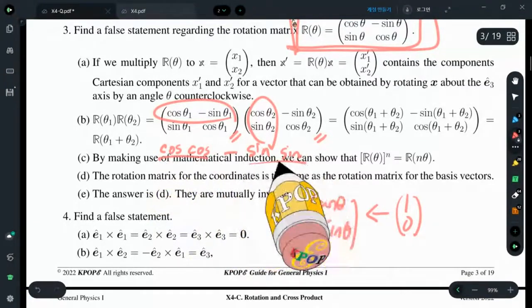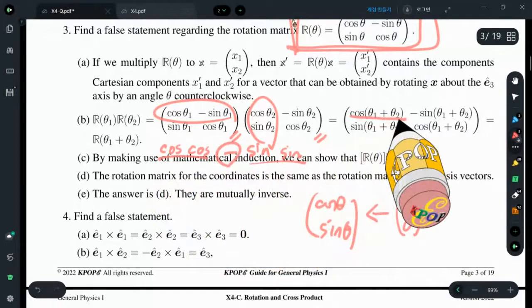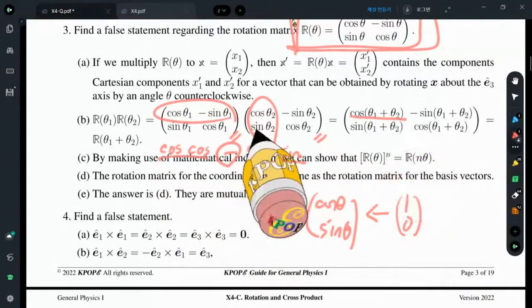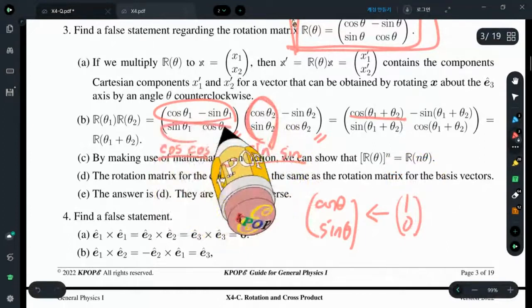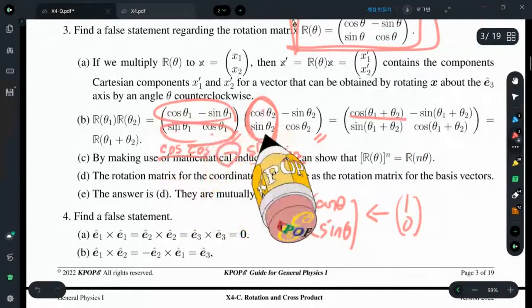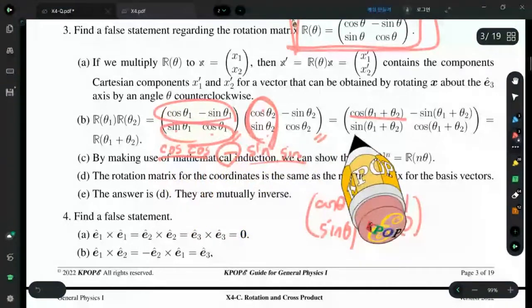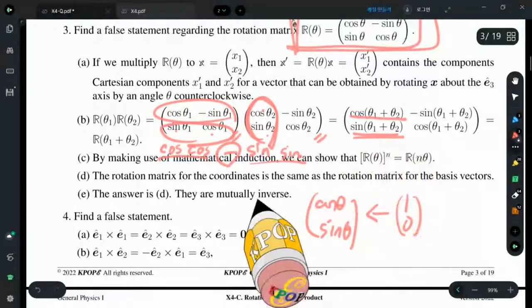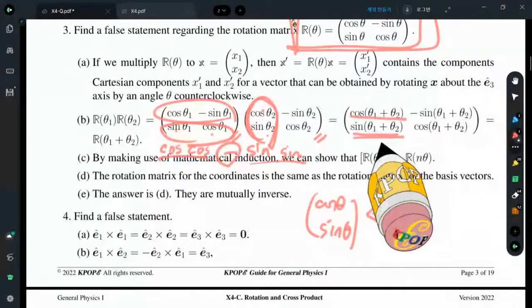So cos cos minus sine sine, so cosine theta 1 plus theta 2. If I multiply this and this, that is sine cosine plus cosine sine. So that's the reason why we have sine theta 1 plus theta 2.